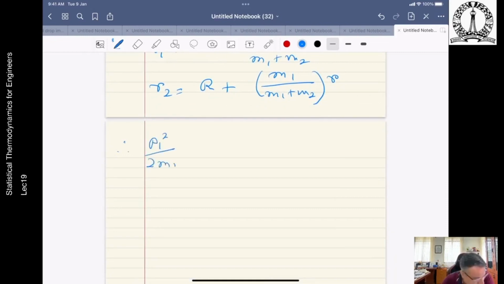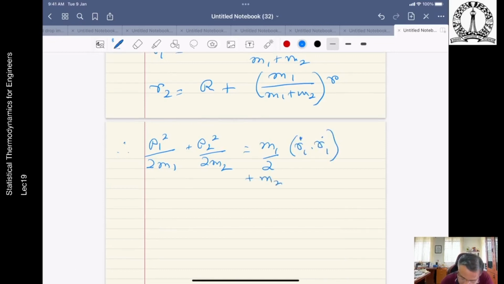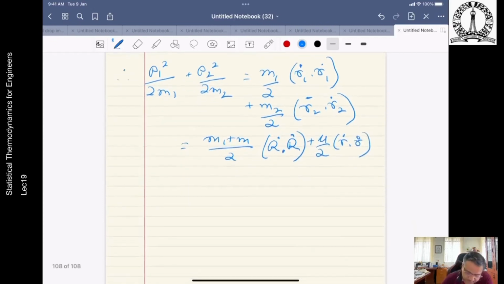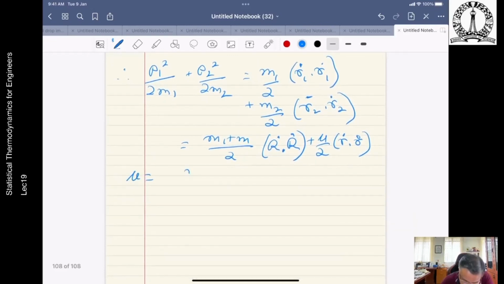P1 square by 2M1 plus P2 square by 2M2 is given as M1 by 2 into R1 dot into R1 dot plus M2 by 2 into R2 dot into R2 dot, which is therefore equal to M1 plus M2 by 2 into R dot into R dot plus mu by 2 into small r dot into small r dot, where mu is equal to M1 into M2 divided by M1 plus M2, which is basically nothing but the reduced mass.